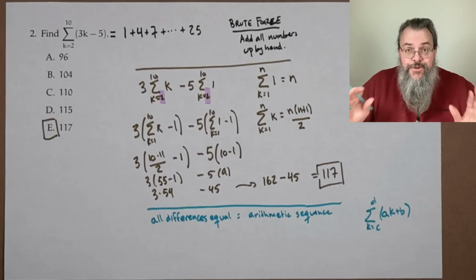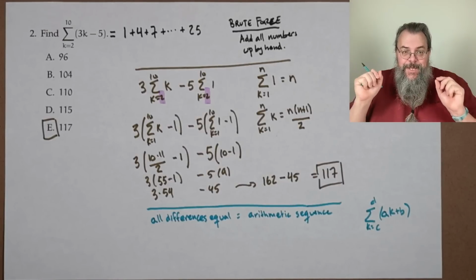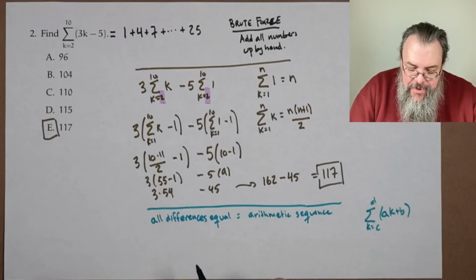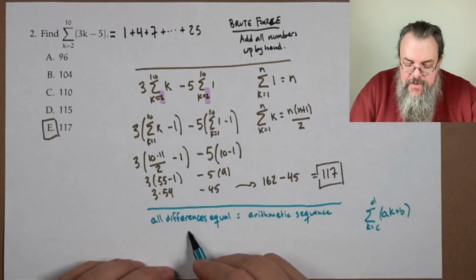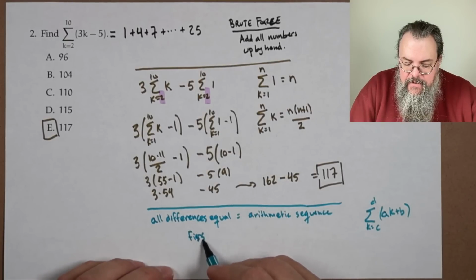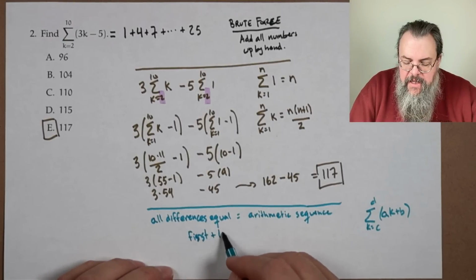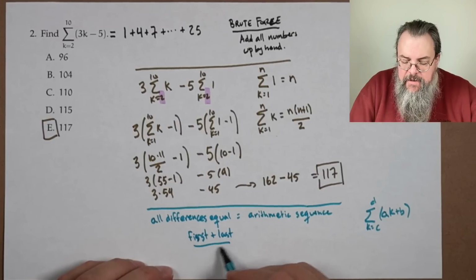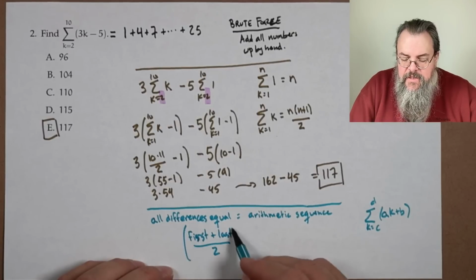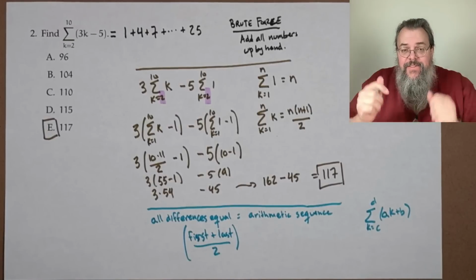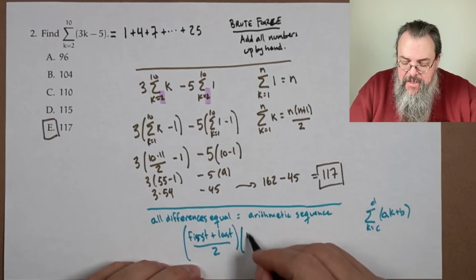Now, if that's true, here's the fun thing. What you can do is add the first number plus the last number, divide by 2. So in other words, it's like average the first and last together, and then you multiply it by the number of terms.